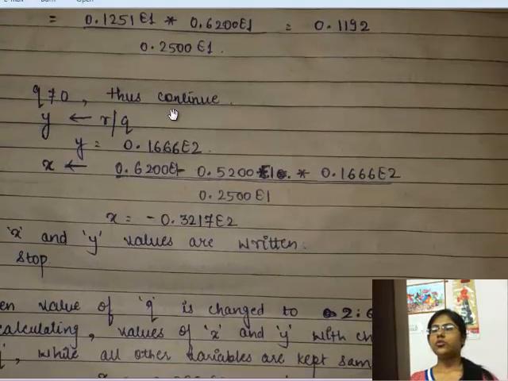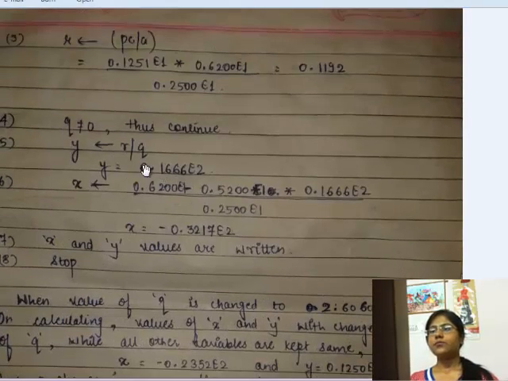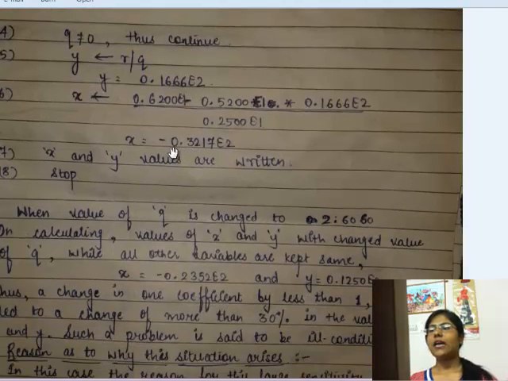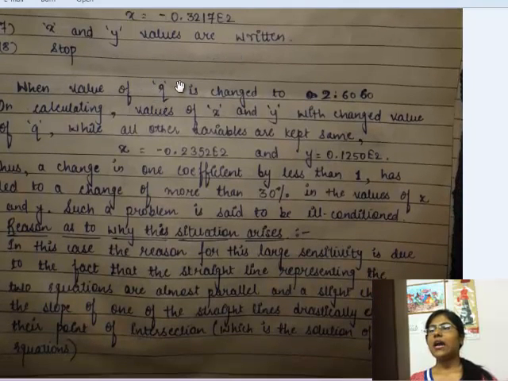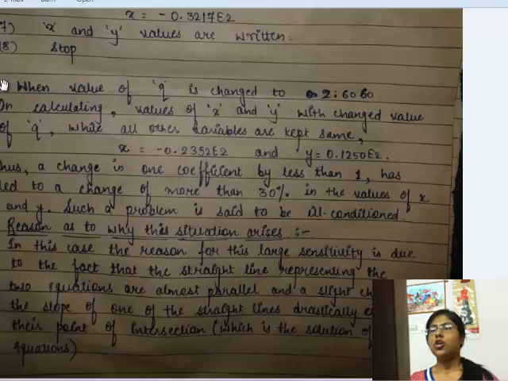Since q is not equal to 0, we continue with our algorithm, and y is calculated as r by q. So the value of y comes out to be 1.666 E2, and the value of x is calculated as minus 0.3217 E2, and then we write the values of x and y, and the algorithm stops here.